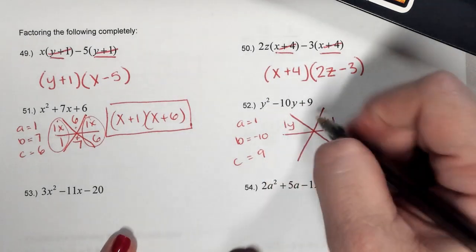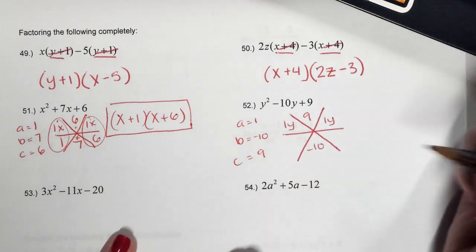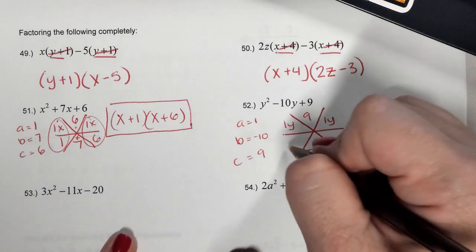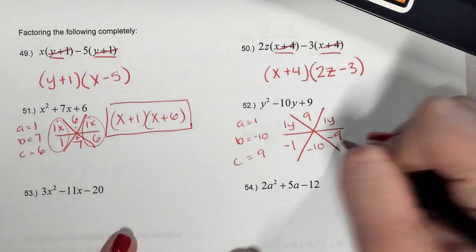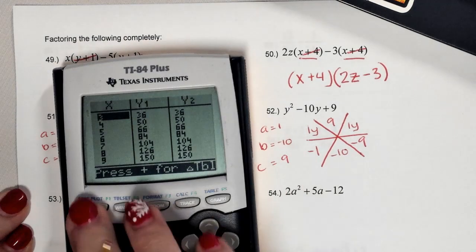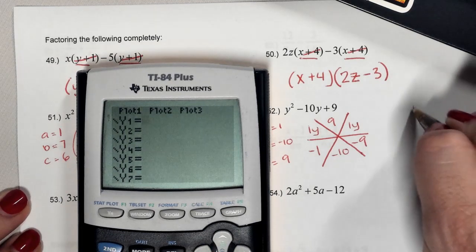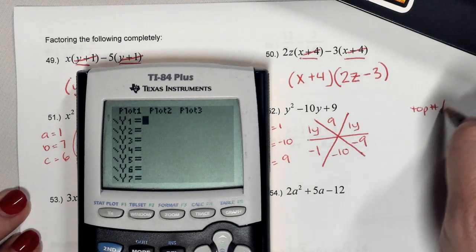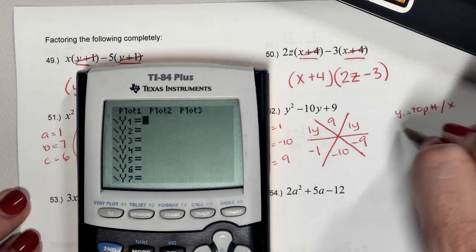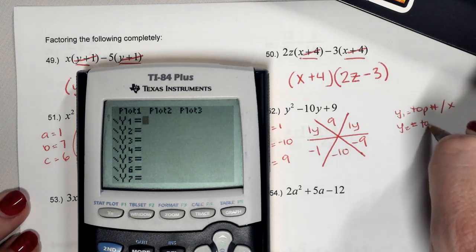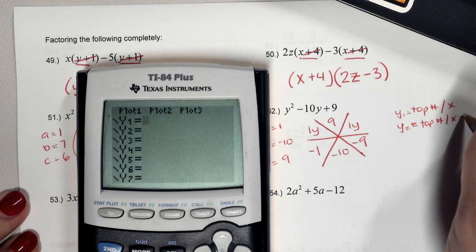A times c is 9, b is negative 10. Now when my top number is positive and my bottom number is negative, it's going to be a double negative. Now remember, you can also use the calculator trick. It's top number divided by x in your y1, and then in y2 it's top number divided by x plus x.